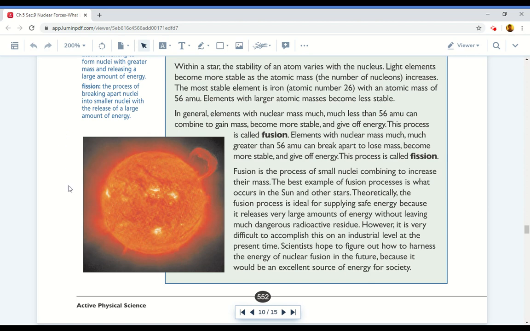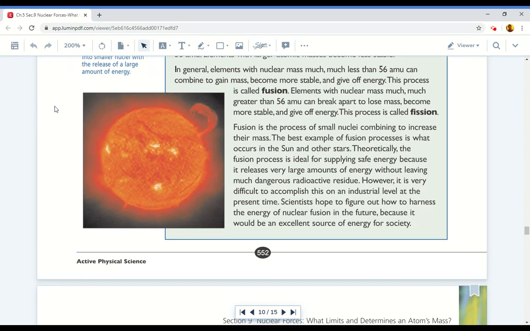Within a star, the stability of an atom varies with the nucleus. Light elements become more stable as the atomic mass, the number of nucleons, increases. The most stable element is iron, atomic number 26, with an atomic mass of 56 AMU. Elements with larger atomic masses become less stable.